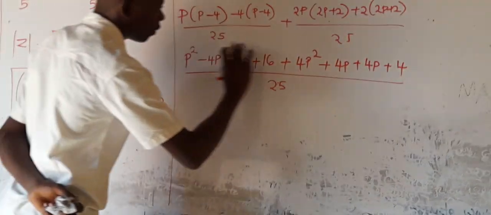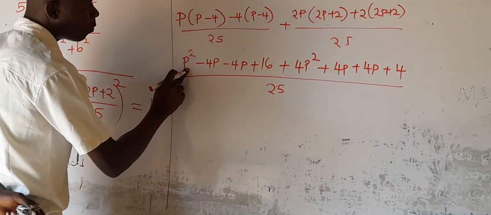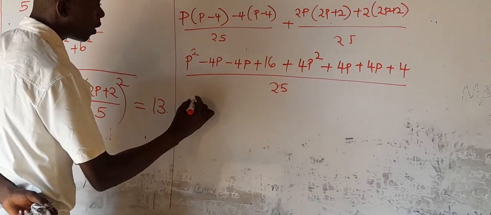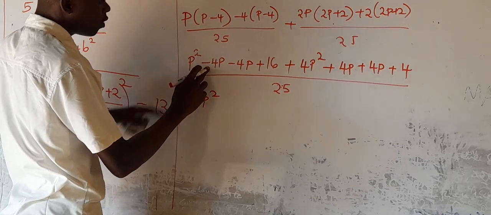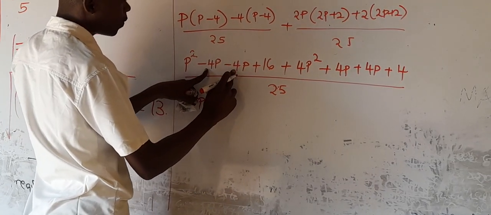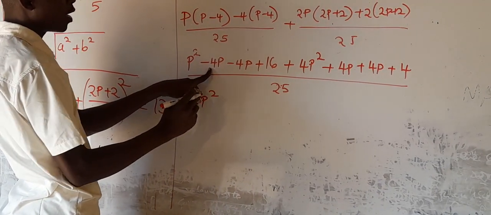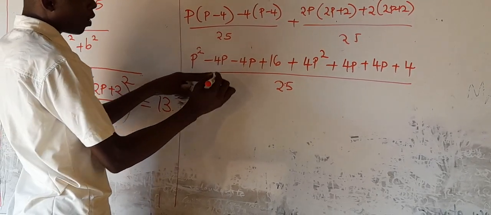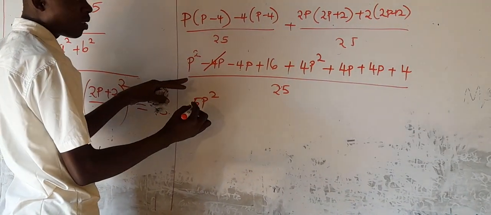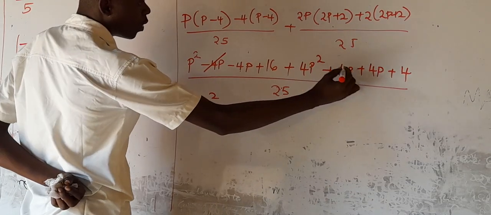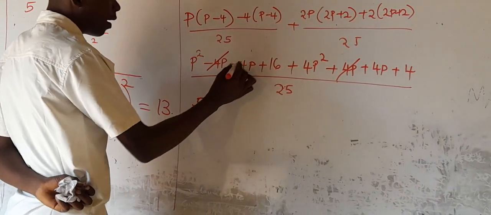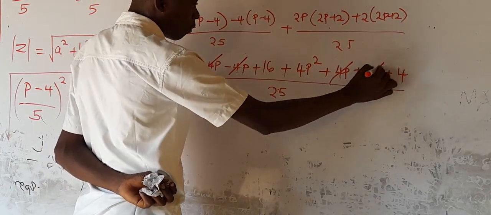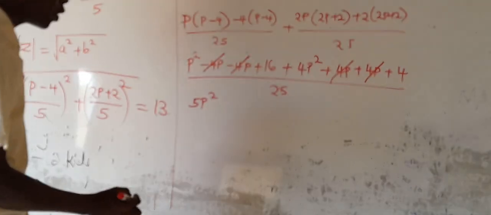So let us find the numerator. We have P squared plus 4P squared, so we'll have 5P squared. This is negative 4P plus negative 4P, we're going to have negative 8P. This negative 4P is going to cancel with this positive 4P, negative 4 and positive 4, and then the negative 4P with positive 4P, they're going to cancel out.